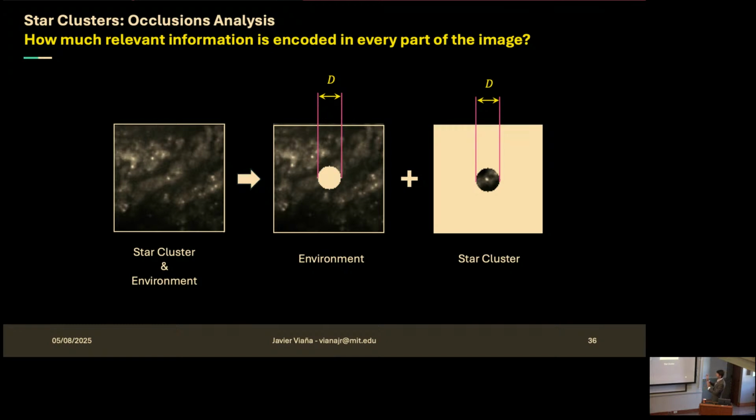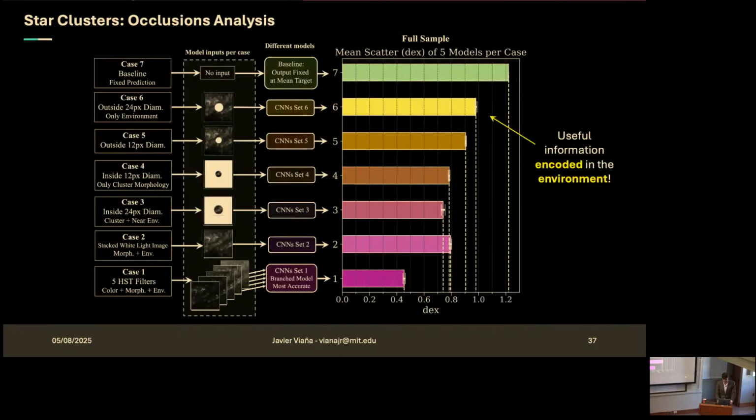So if you train a pipeline only on this environment and you have a valid performance, that means there's relevant information that the model has picked up to predict that age. And then you can do the opposite: just focus on the star cluster center itself and predict the age from there. Obviously, if that's the most relevant information for the age, it should do a better job. So anyway, this is what we learned.